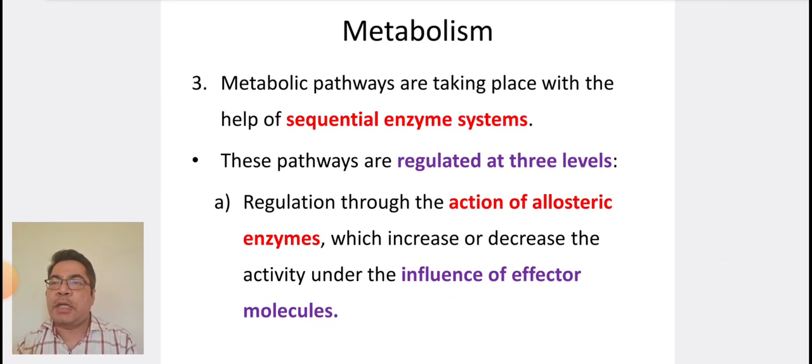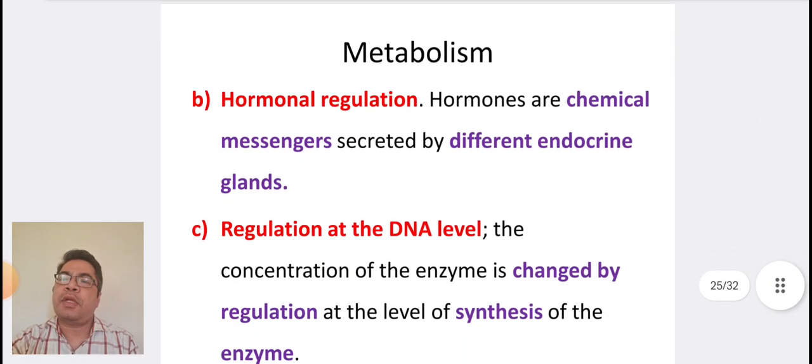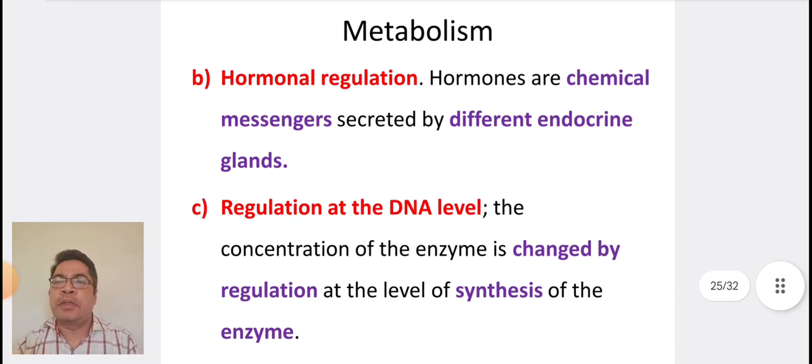Number 3. Metabolic pathways take place with the help of sequential enzyme systems. These pathways are regulated at three levels. A. Regulation through the action of allosteric enzymes, which increase or decrease the activity under the influence of effector molecules. B. The hormonal regulation. The hormones are chemical messengers secreted by different endocrine glands.